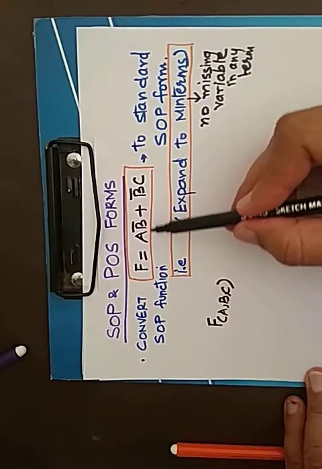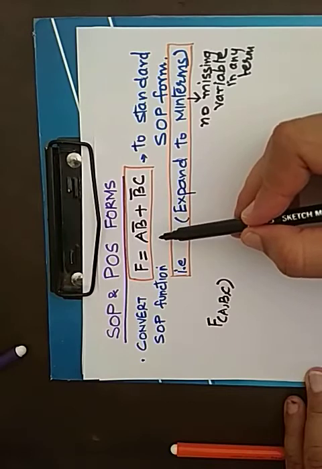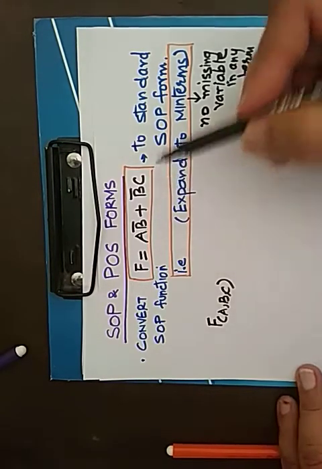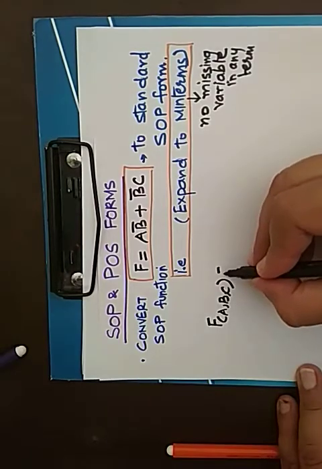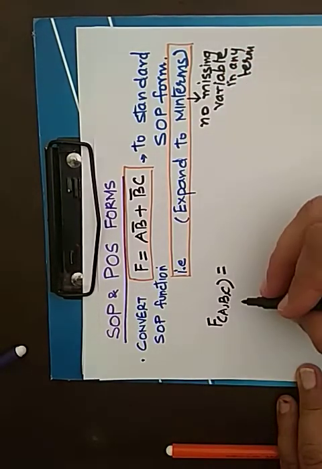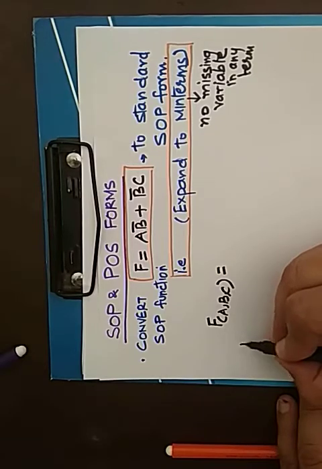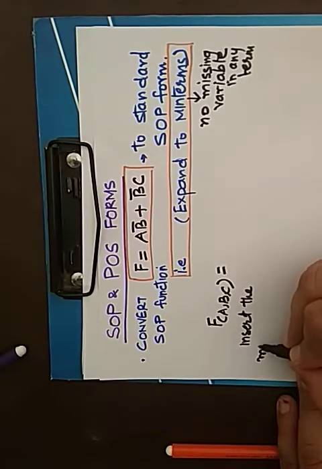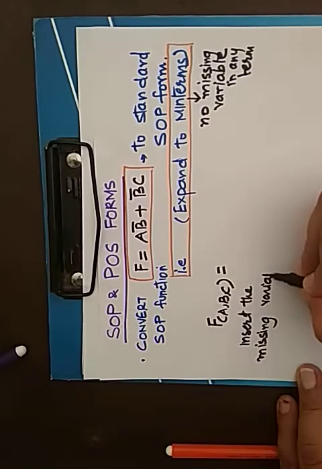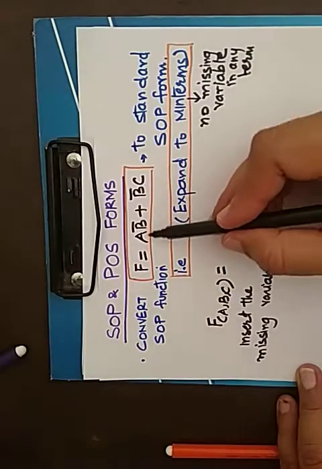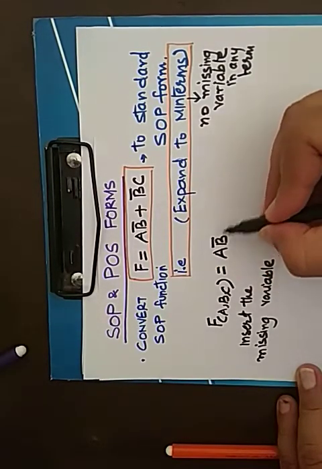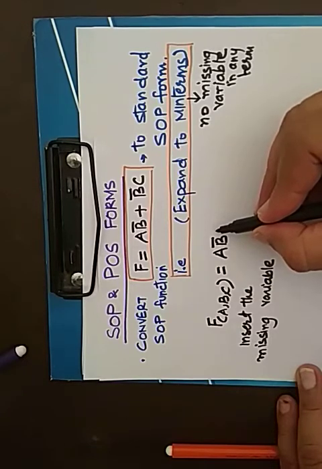We see that a b bar is a product term, b bar c is another product term. So to convert this into minterms, we insert the missing variable. In a b bar, the variable missing is c.